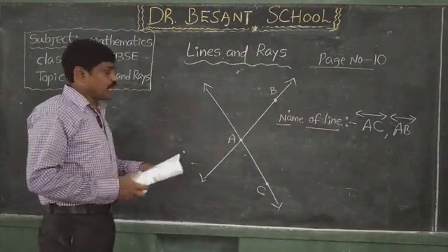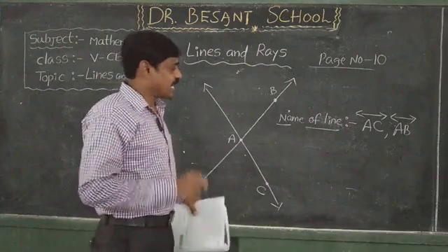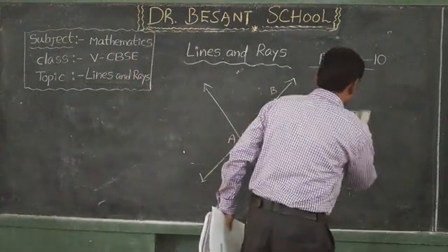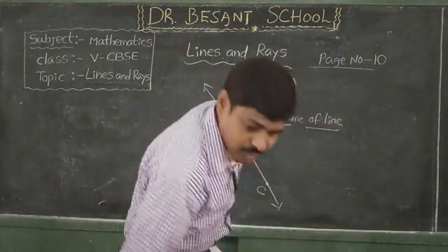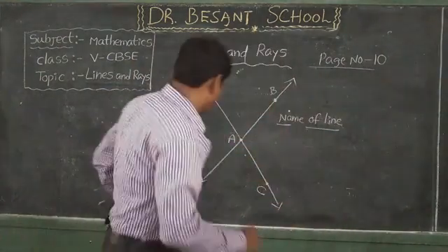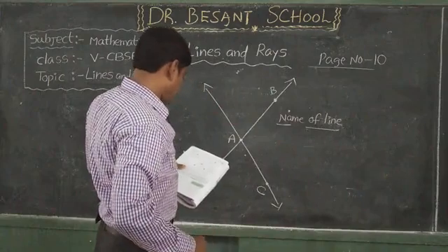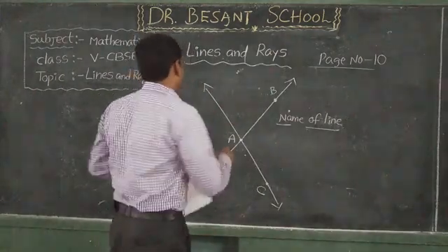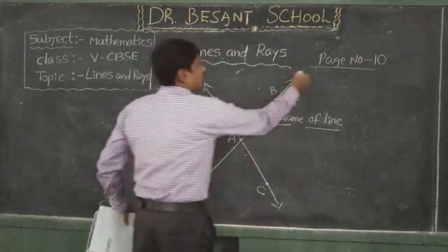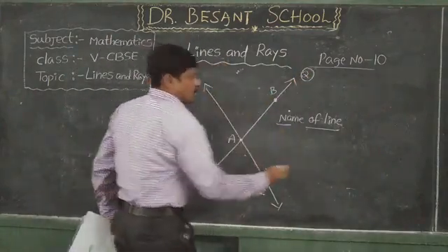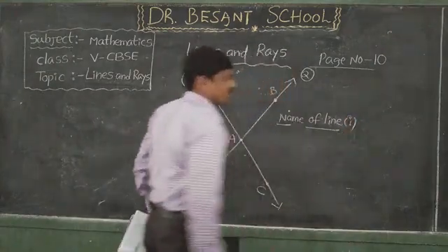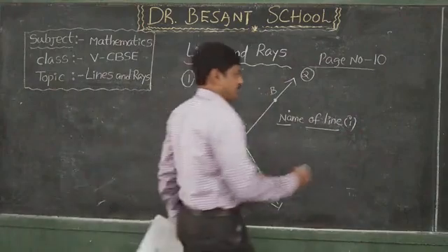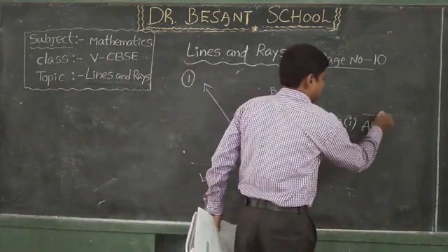Name of line 1. What is the name of line 1? Take this as 1 and this as 2. So line 1 is line AC.